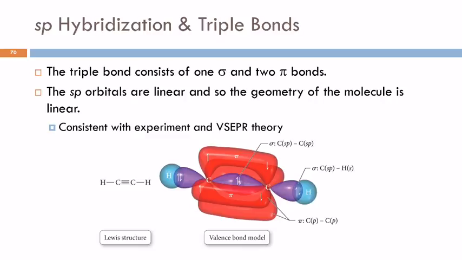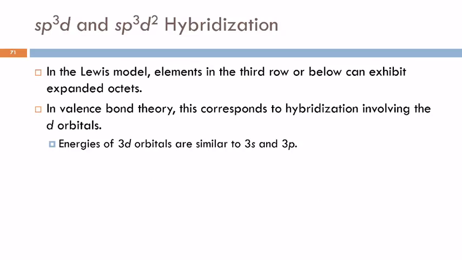It always involves the s orbital and 1 or more of the p orbitals. And then the electrons are going to spread out differently than they did in the atom. Okay, so that's what happens with the s and the p's.